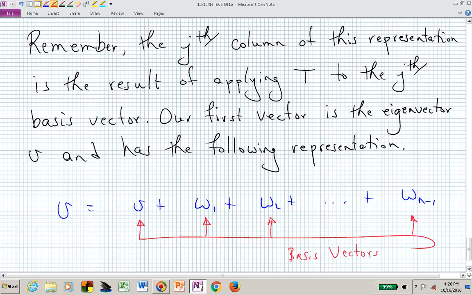And how do we weight those basis vectors to produce v on the left? This is a trivial question. How do I get v back as a linear combination of v, w1, w2, w sub n minus 1? So we should have 1 weighting v and zeros everywhere else.